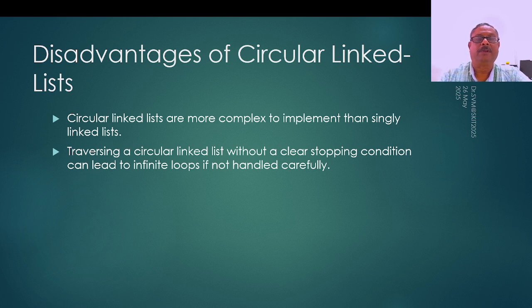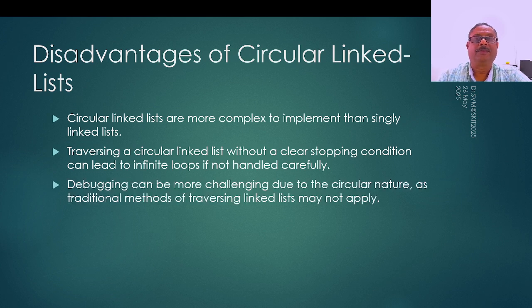So we should be very careful in handling these infinite loops. Make sure that the size of the circular linked list is well known in advance, so that while traversing, we ensure that no more than n nodes are traversed.